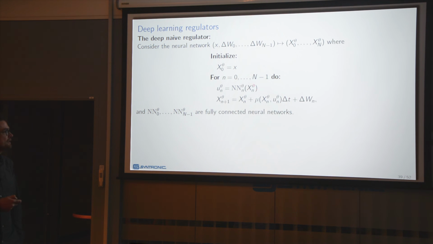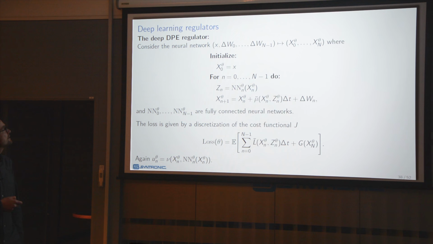So here we generate, say, the gradient of V. And we know that from this expression, we get the optimal control via mu tilde.